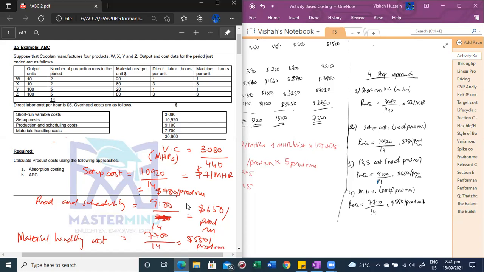I've already done all the workings on the right side, but I'm redoing it for you so that you understand step by step.